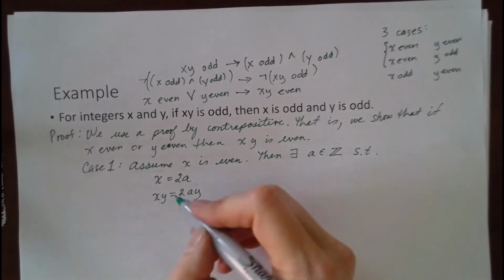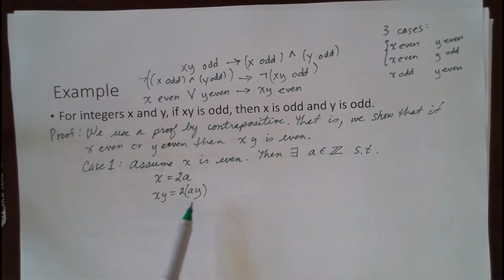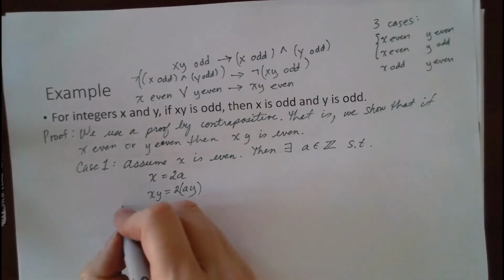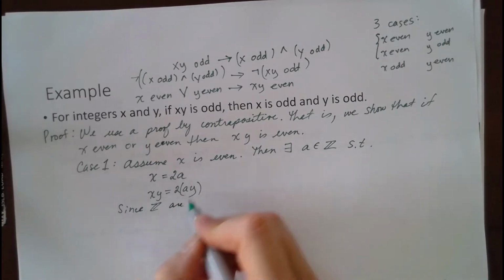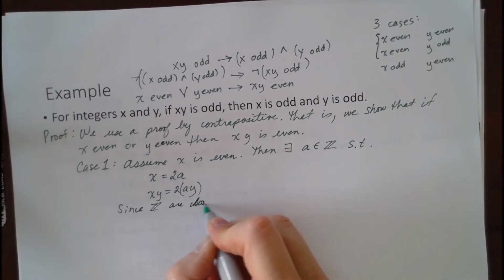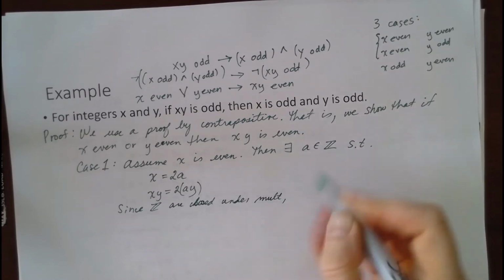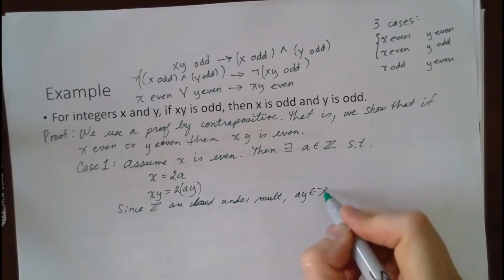And if I carefully place my parentheses there, in order to show that it is even, which is what I want to do, I simply need to argue that ay is an integer. Well, since the integers are closed under multiplication, ay has to be an integer.